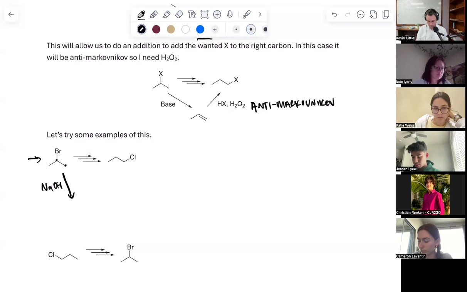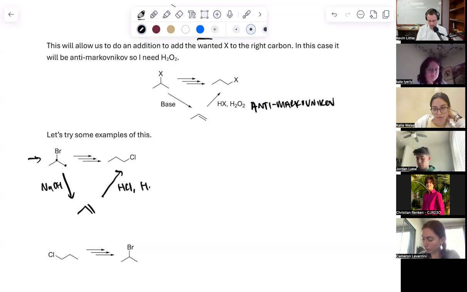So I'm just going to use sodium hydroxide. That's going to give me this elimination product. And then I want to add anti-Markovnikov, so I'll use HCl and peroxides. That'll reliably get me this product. So in two steps, I was able to move my bromine on the secondary carbon to a chlorine on the primary carbon.